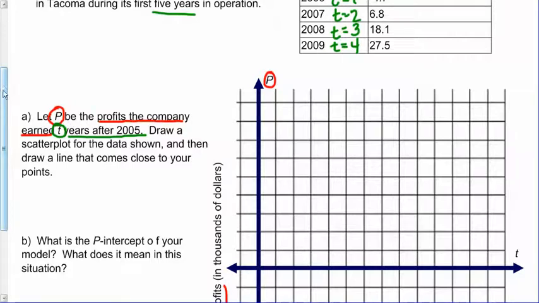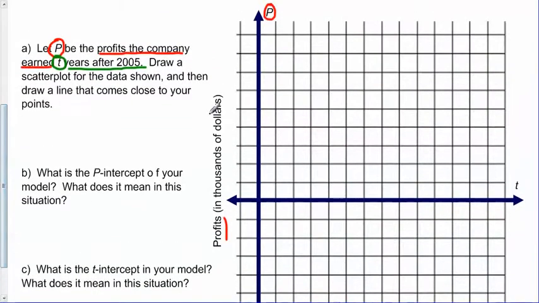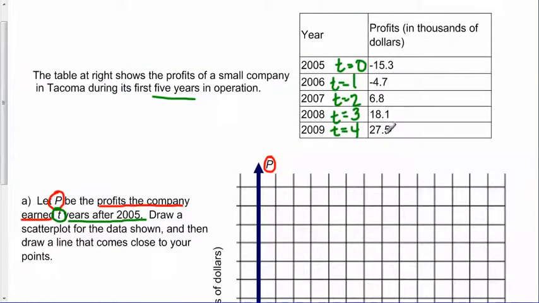Now notice how our coordinate system here I've set up a little bit differently. We have our vertical axis here, but notice the horizontal axis isn't just at the bottom, it goes through the middle. And notice that that's going to be important because here where I have my profits, some of my profits are positive, but some of my profits are negative. So we have to be able to allow on our p-axis to have both positive and negative values.